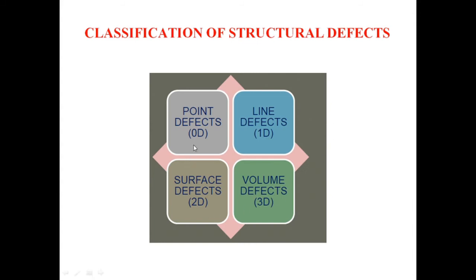This is the classification of structural defects, such as point defects, line defects, surface defects, and volume defects. Point defects are zero dimensional, line defects are one dimensional, surface defects are shown in two dimensional crystal structure, and volume defects are shown in three dimensional crystal structure.